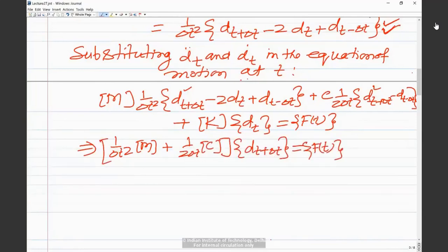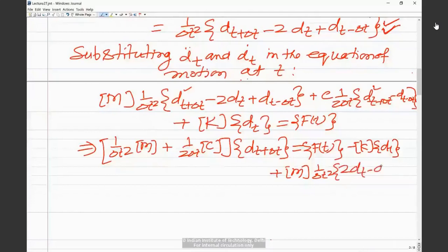So f at t minus the k term, k into d at t, and then from the mass matrix term we will have m into 1 upon delta t square into 2 d at t minus d at t minus delta t, and plus c into 1 upon 2 delta t into d at t minus delta t.